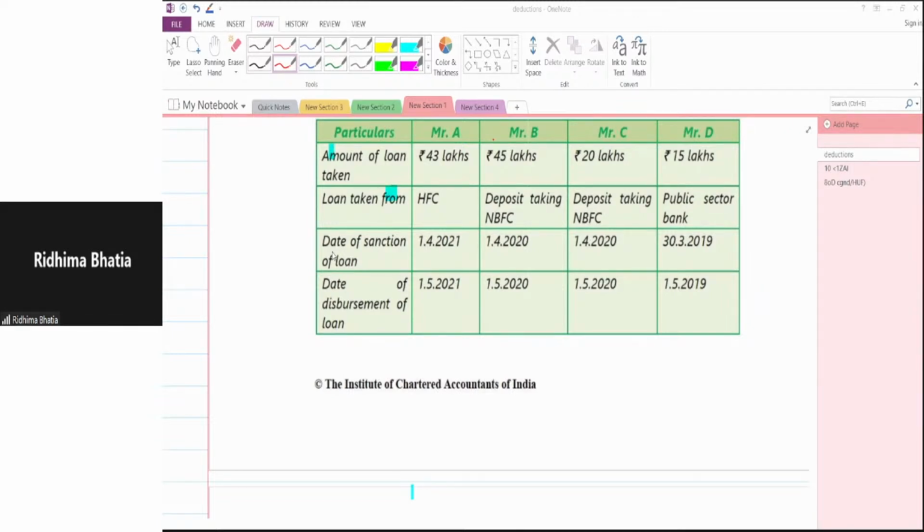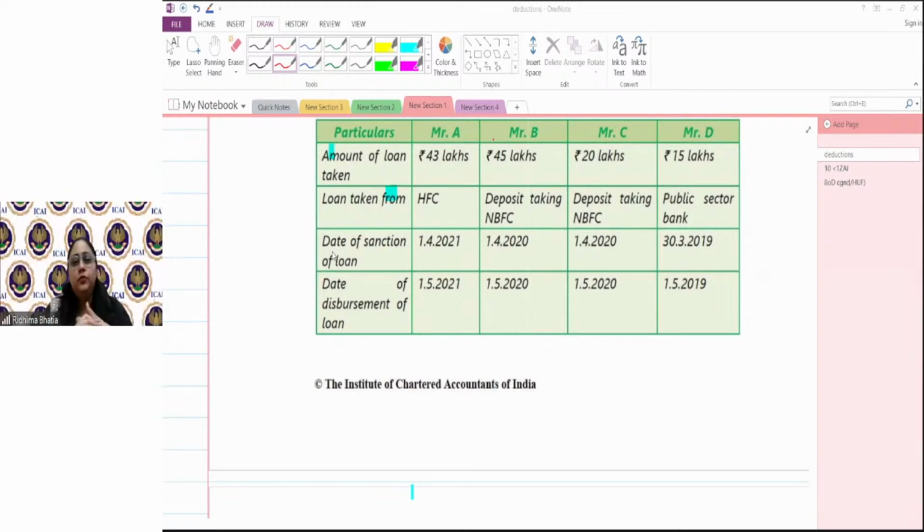All assessees means any type of assessee: company can claim the deduction, HUF can claim the deduction, individual can claim deductions, partnership firm can claim deduction. In 80G, the donation deduction is there for everyone. So let's discuss how we get the donation deduction under section 80G.